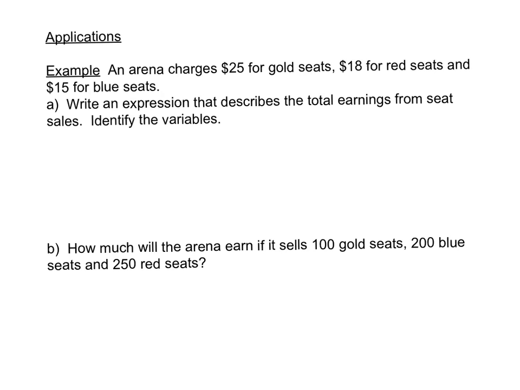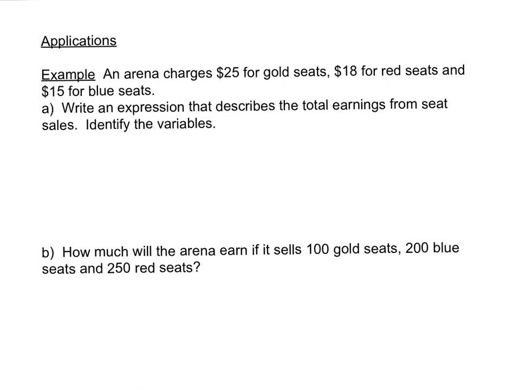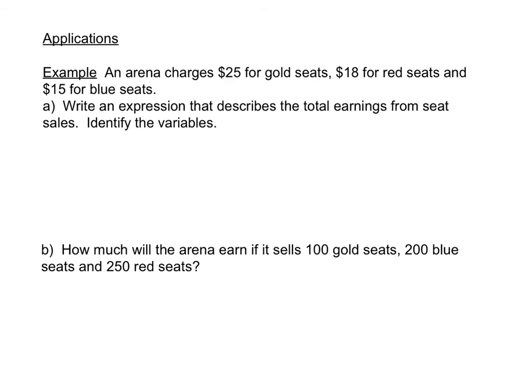All right, almost done. Let's take a look now at some applications. An arena charges $25 for gold seats, $18 for red seats, and $15 for blue seats. So write an expression that describes the total earnings from seat sales. Identify the variables. We really want to make sure, guys, that we do this.